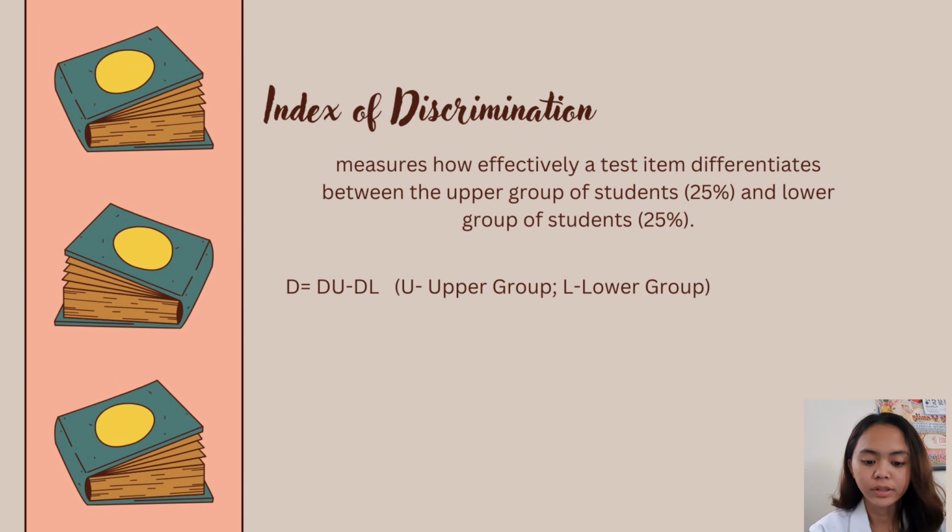So, ang index of discrimination ay minemeasure niya kung gaano ba ka-effective ang isang test item, and dinidifferentiate din niya ang upper group of the students, which is 25%, and the lower group of the students na 25%.